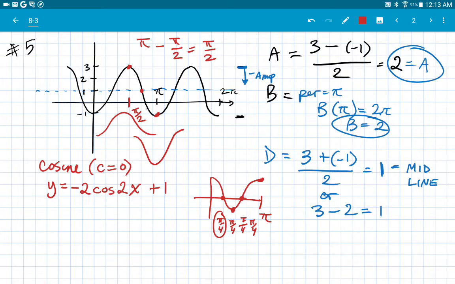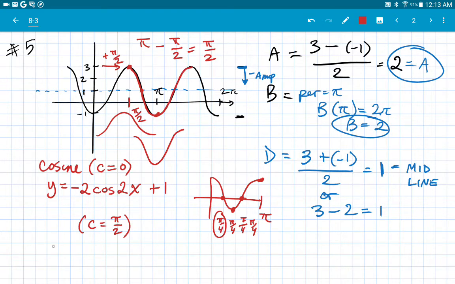Since this is a period of pi, halfway in between, that'll be a distance of pi over 2. Okay, so I can also say that my c value can also be pi over 2.